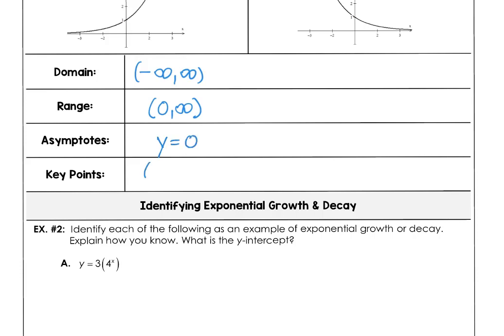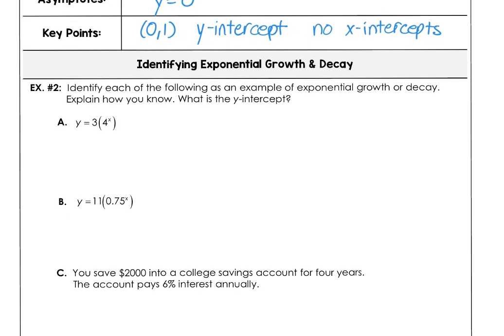And it's important to note that 0, 1 is the y-intercept. That's one of the key features of exponential growth or decay, and that there is no x-intercept. So those are important characteristics to recall.